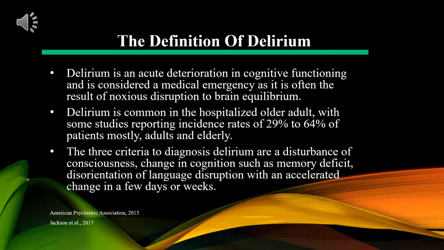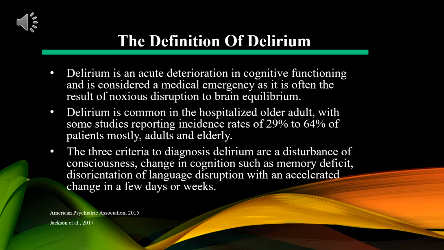The definition of delirium. Delirium is an acute deterioration of cognitive functioning and is considered a medical emergency as it is often the result of anoxic disruption of the brain equilibrium. Delirium is common in hospitalized older adults, with some studies reporting rates of 29% to 65% of patients, mostly adults and elderly.